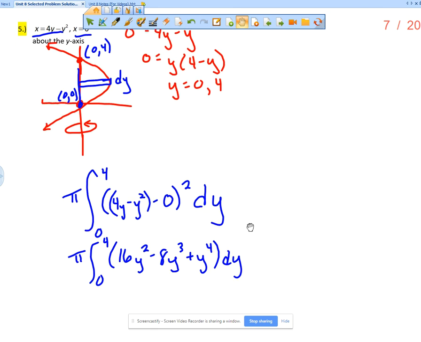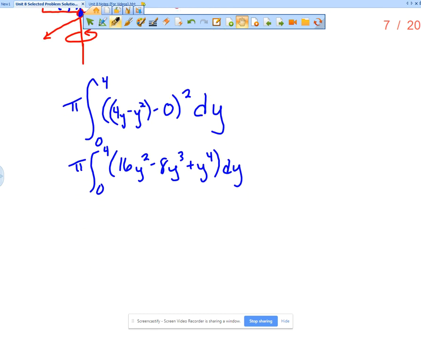I understand the numbers get a little annoying, but this is essentially still a non-calculator question. Now we integrate: 16y cubed over 3 minus 2y to the 4th plus y to the 5th over 5.